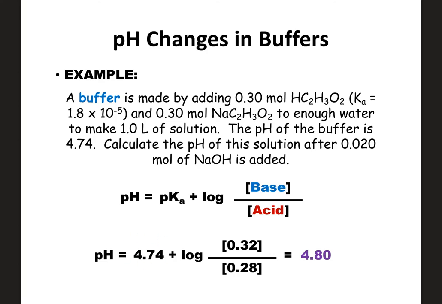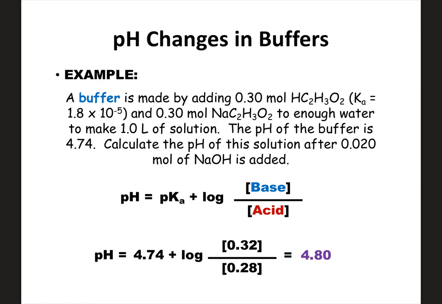And then when we have our concentration of our acid and base that we just found, we plug them into the equation here. And when you do the math, you find out that the pH is 4.80. All right, so it's pretty close to the original pH. It did go up a little bit because we added base to this, but the base got destroyed, and we pretty much don't see a major jump in pH here because that's the point of a buffer. It's going to resist these changes in pH.